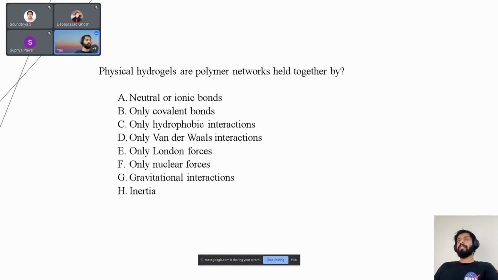Physical hydrogels are polymer networks held together by which of the following interactions or forces? Neutral or ionic bonds, only covalent bonds, only hydrophobic interactions, only van der Waals interactions, only London forces, only nuclear forces, gravitational interactions, or inertia.